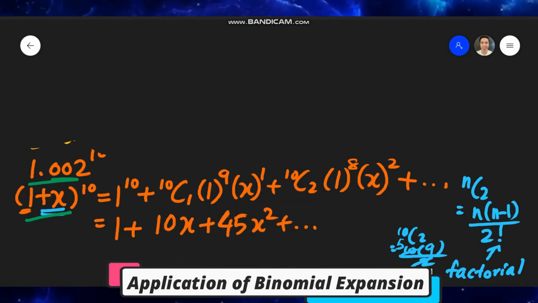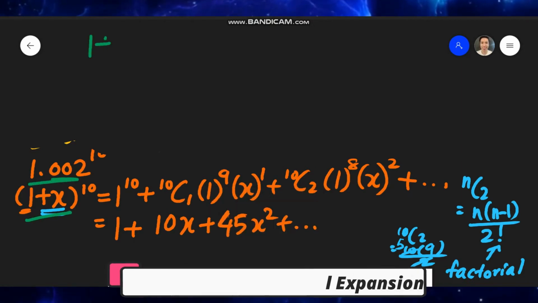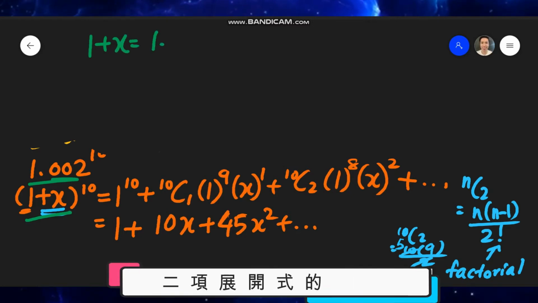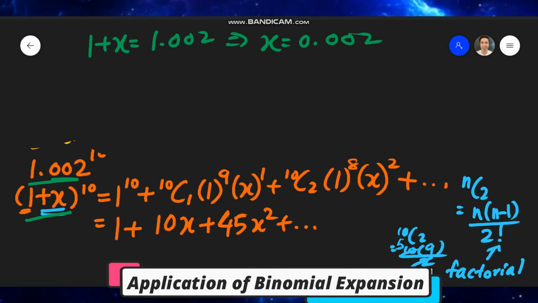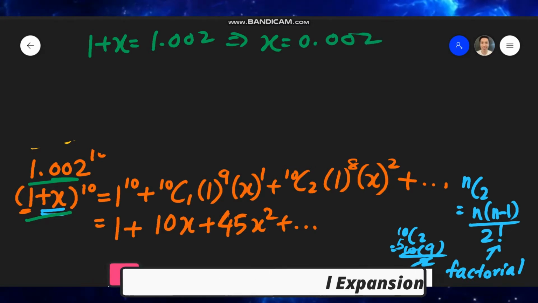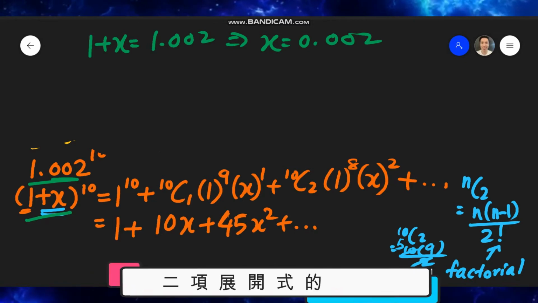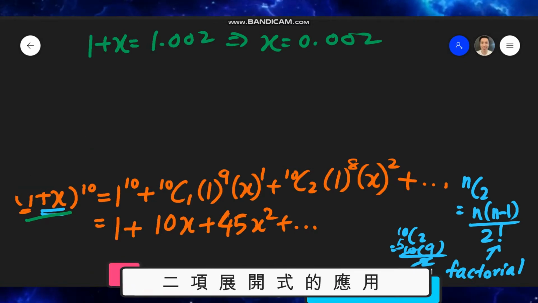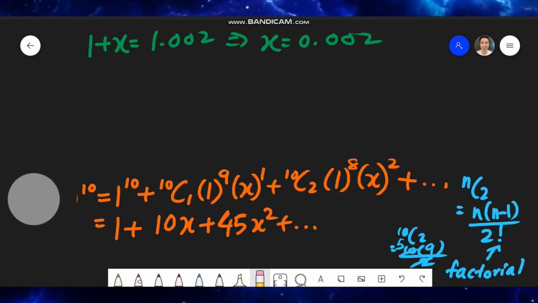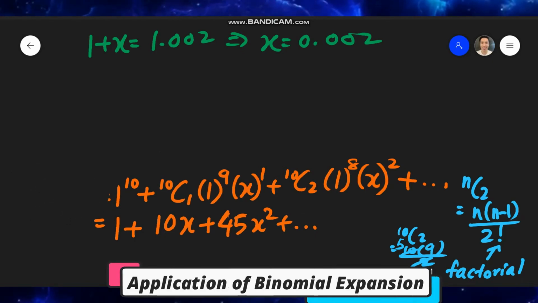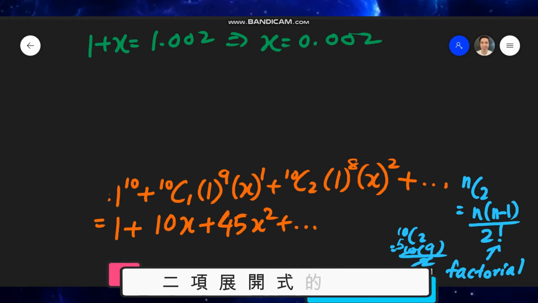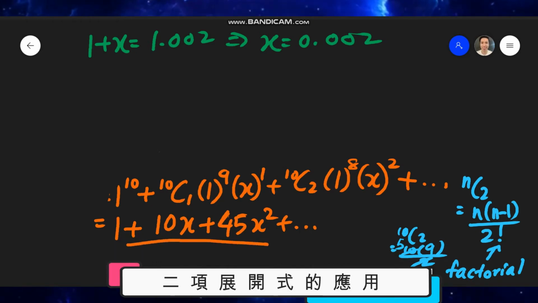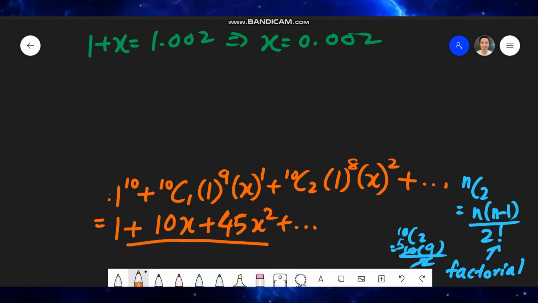So we make them the same. 1 plus x equals 1.002, so hence our x will be 0.002, right? Once we have this, we may substitute this value inside our expansion. Based on our expansion just now, we get 1 plus 10x plus 45x squared. So we put the value of x, 0.002, inside the expansion.